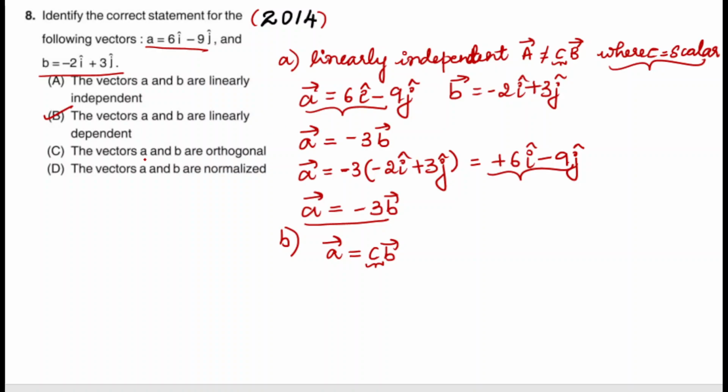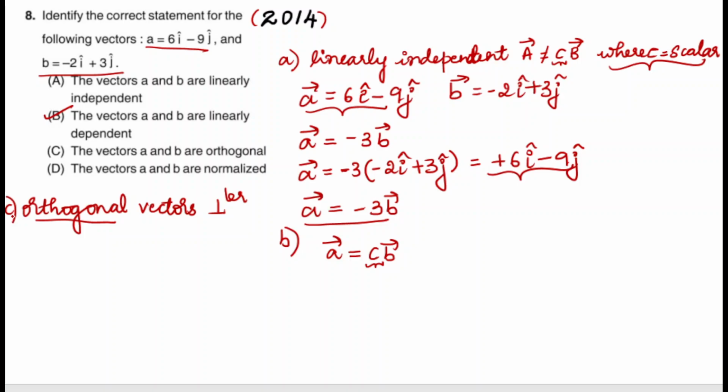Okay. Now, let us solve this third option also. The vectors A vector and B vector are orthogonal. What does the word orthogonal mean? Orthogonal vectors are nothing but the perpendicular vectors. Simply, instead of orthogonal, I can call it perpendicular.